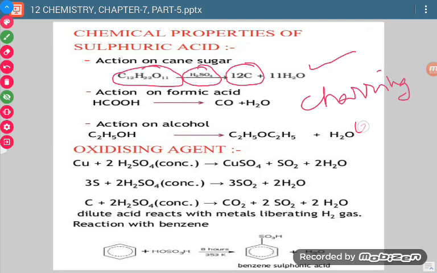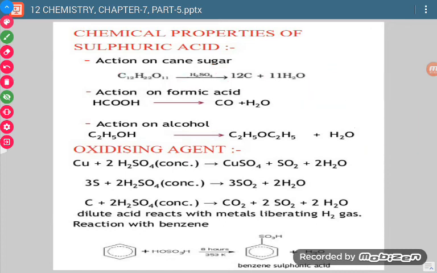Now, when it reacts with formic acid, it forms carbon monoxide and water. When it reacts with alcohol, it forms alkoxyalkane. Just like ethanol reacts with it and then it forms ethoxyethane.